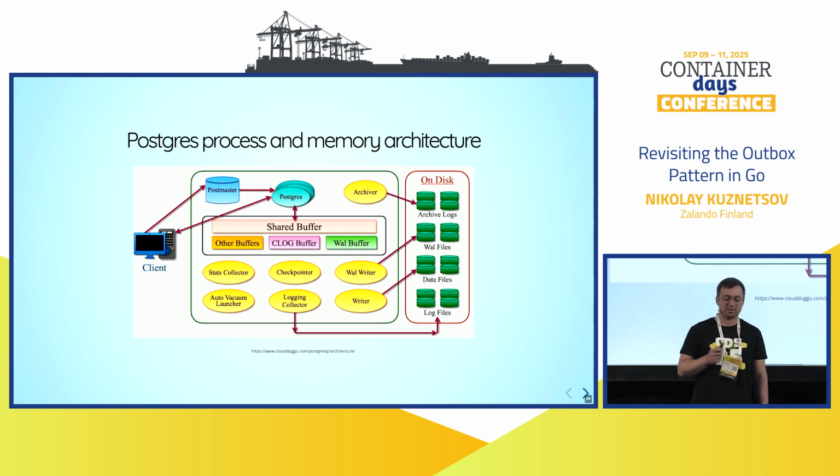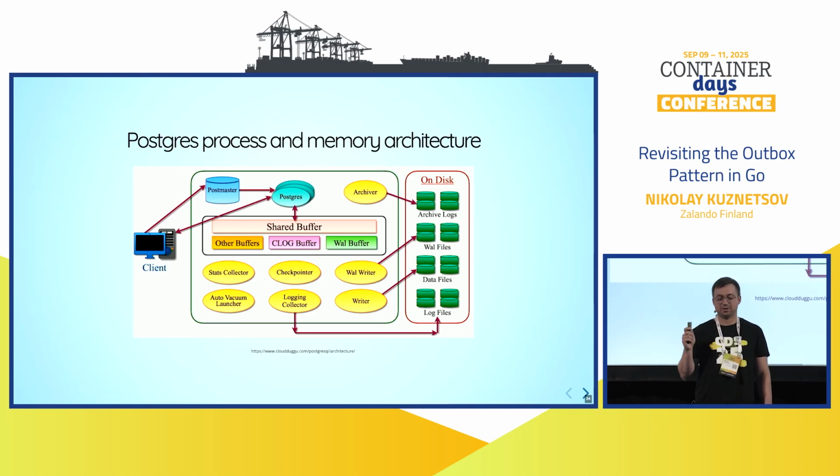This is the Postgres process architecture. Once you connect to Postgres, there is a postmaster process. It creates a child Postgres instance per connection, and those children share multiple shared buffers. The data resides in the red one, the shared buffer, but you can see there is a WAL buffer, which is the write-ahead log buffer.